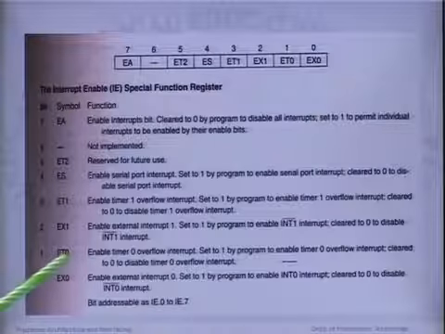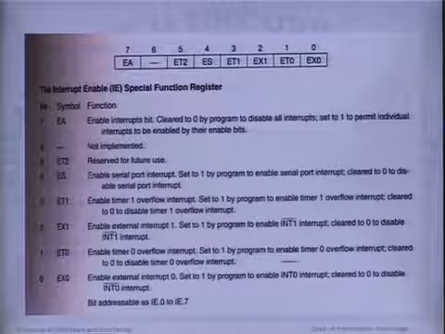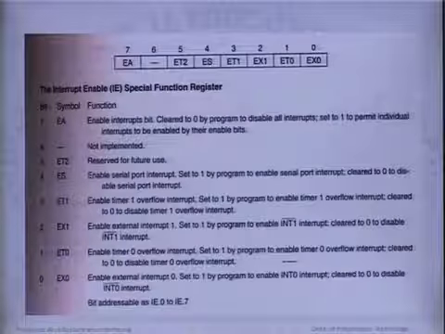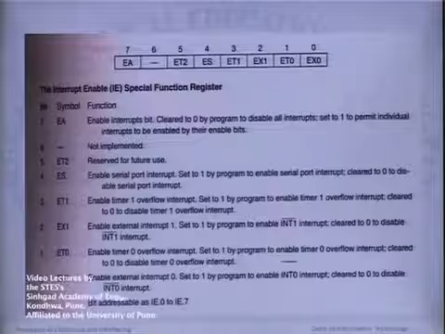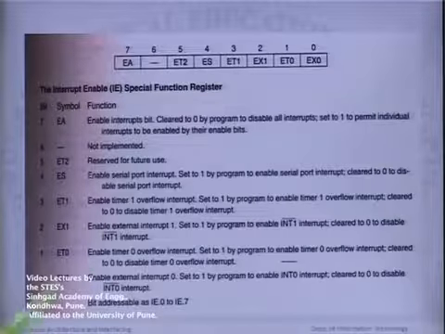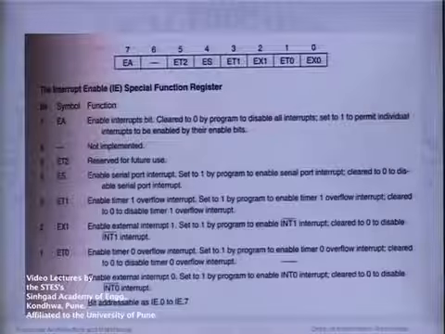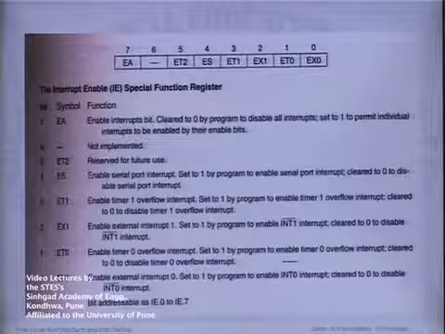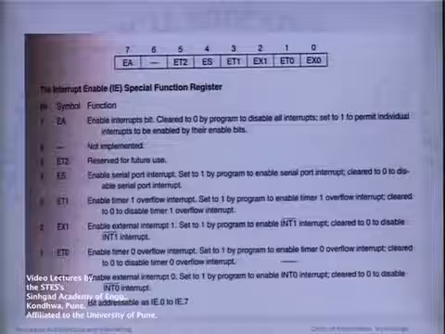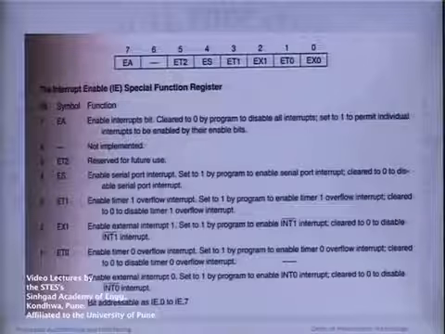Similarly, ET0 is associated with the timer 0 internal interrupt input. EX1 is associated with the external interrupt input, that is INT1 bar. ET1 is associated with the internal timer interrupt input, that is timer 1.